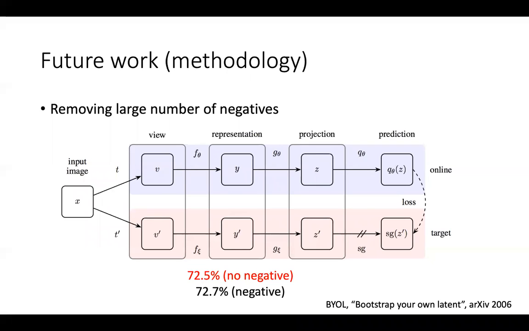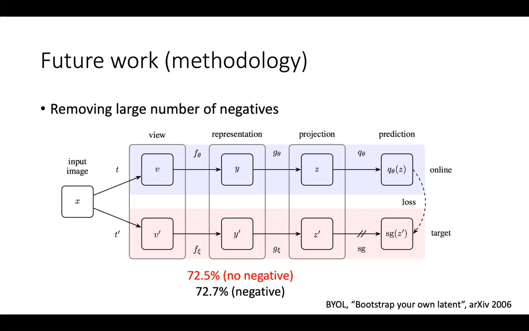The way I view this paper is that they actually have some sort of implicit contrastive learning. You can imagine the denominator term in the contrastive loss is trying to scatter the features of different images away, just a scattering effect.